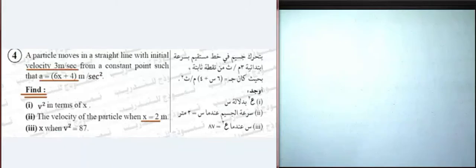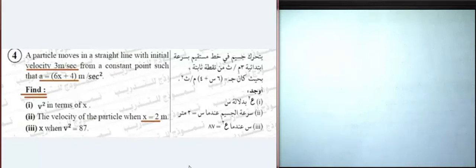Another question. A particle moves in a straight line with initial velocity 3 meter per second from a constant point such that the acceleration equals 6x plus 4 meter per square second. Find v square in terms of x. Who can find the result?